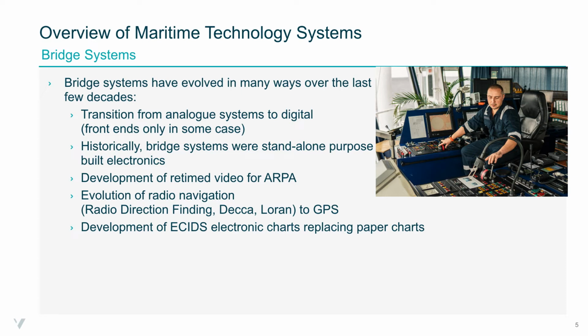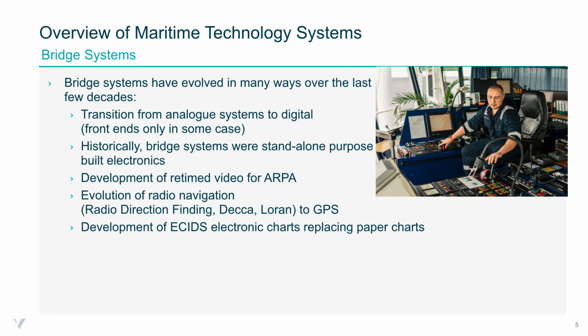Some other evolution that's occurred: radio direction finding is technology that's been around since World War II, becoming a little bit passé these days. Decca and Loran are other radio-based navigation systems which have essentially become redundant now that GPS is the primary method of fixing position.